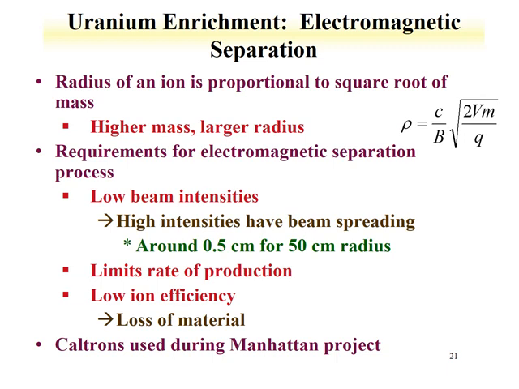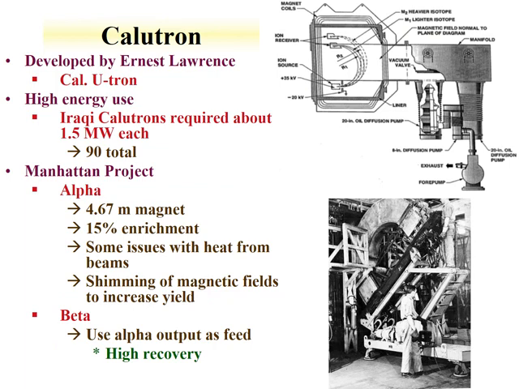During the Manhattan Project, calutrons were developed to exploit this fundamental property in separations. These calutrons were developed by Ernest Lawrence based upon the cyclotron. It's the California University tron. They have high energy uses.